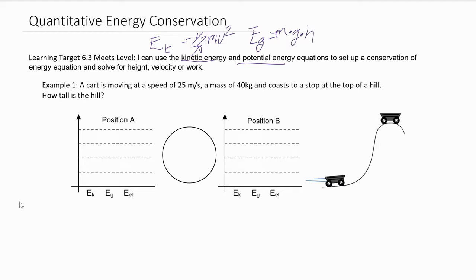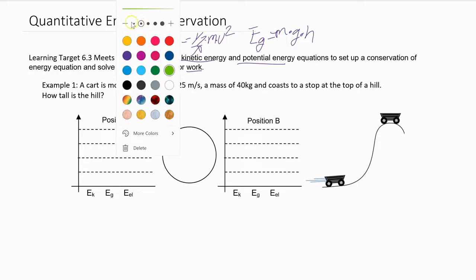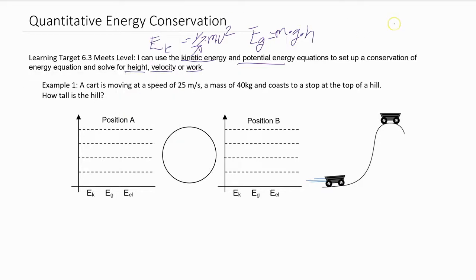And we want to set up a conservation of energy equation. We'll talk about that. But then we want to be able to solve for height, velocity, or work. So in these equations, there are three things that we can solve for. In the gravitational one, we could solve for h, or for kinetic energy, we can solve for v. And then we can also solve for work.